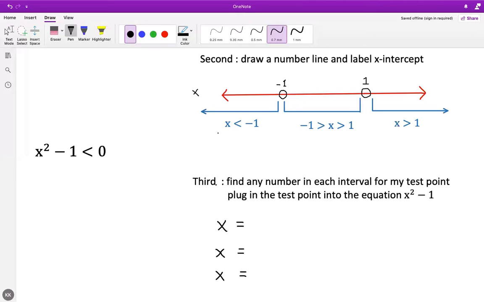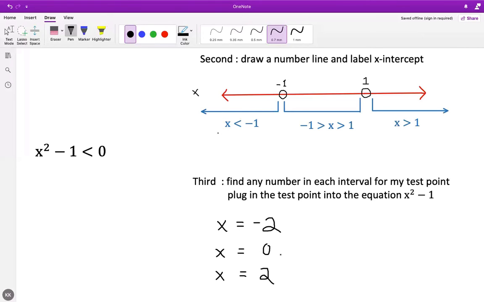I'm going to write one x value from each of the three intervals. For x less than -1, I'll assume my test point is x equals -2. For x between -1 and 1, my test point should be 0. And for x greater than 1, let's say x equals 2.